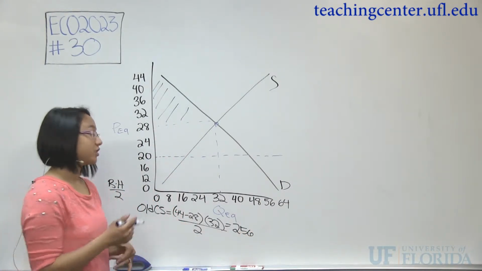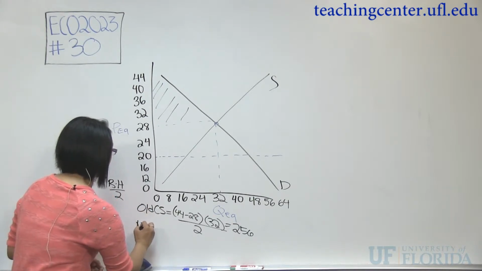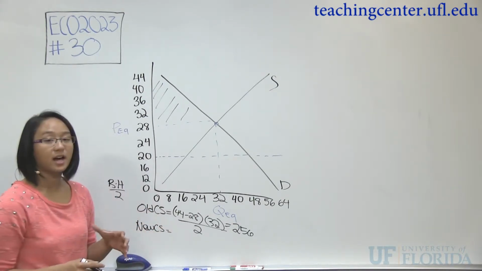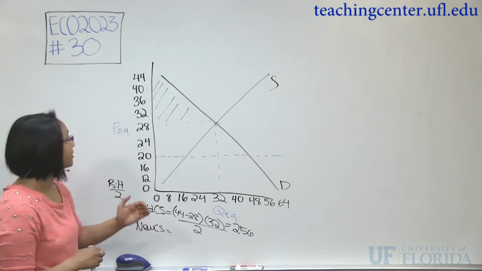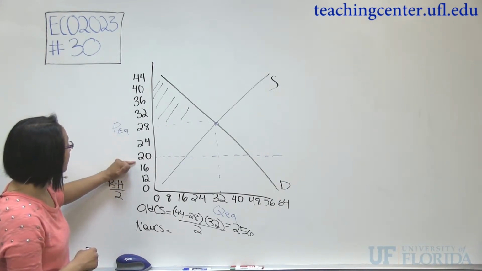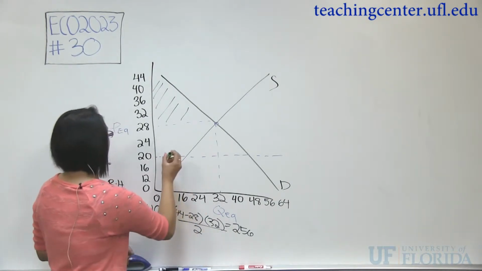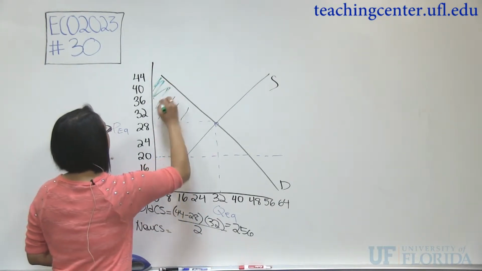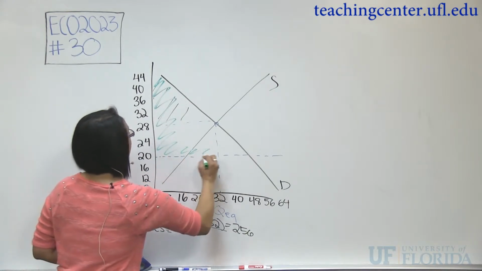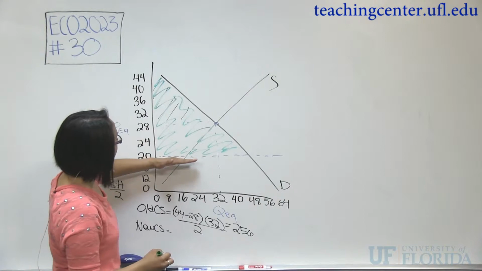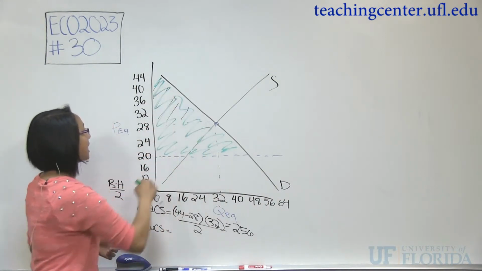Now let's find what the new consumer surplus is. So again, let's find our height and our base. Where's our height? It's everything above the price. So here we have 20 as our price. So it's everything here and below the demand curve. So here's our demand curve, here's our price, that entire triangle.